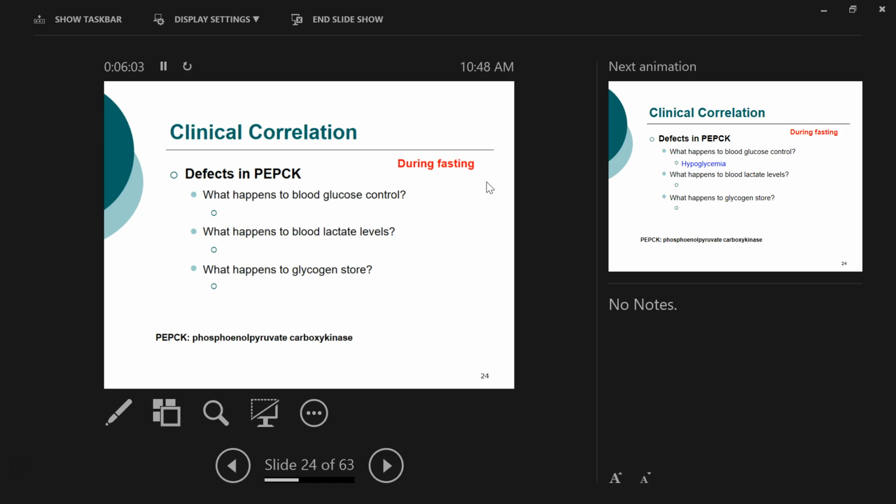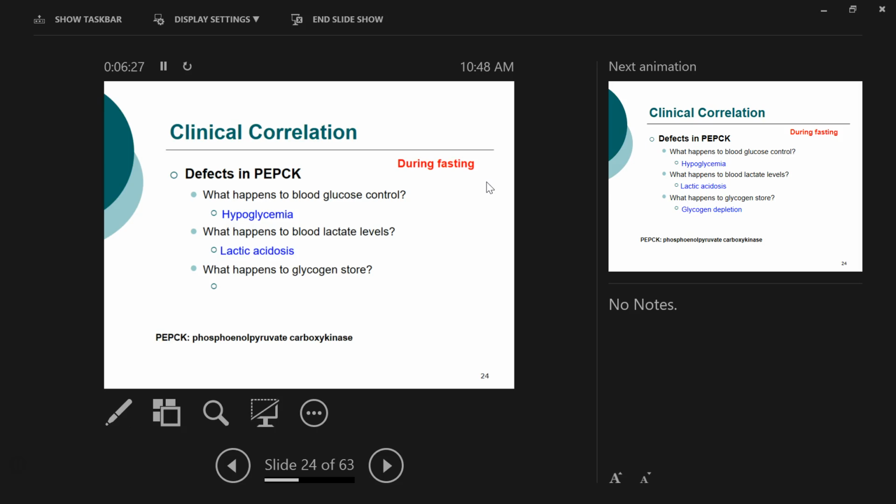And the second question, what happens to blood lactate levels? Increase?